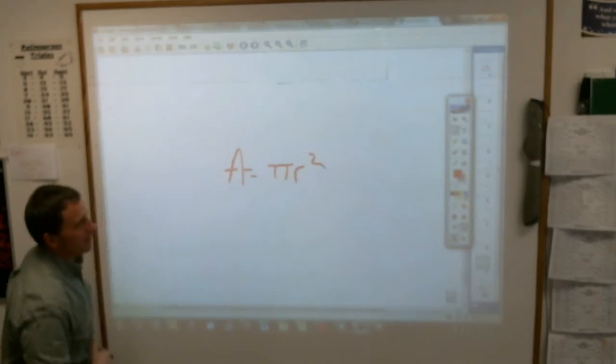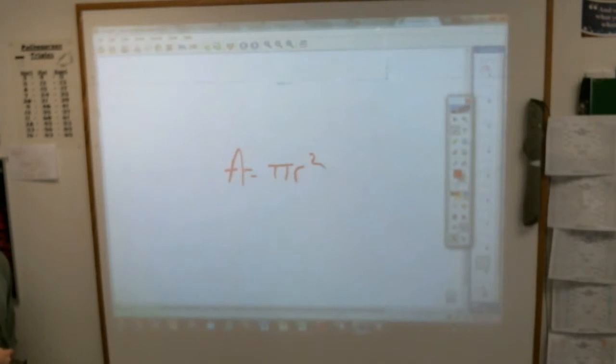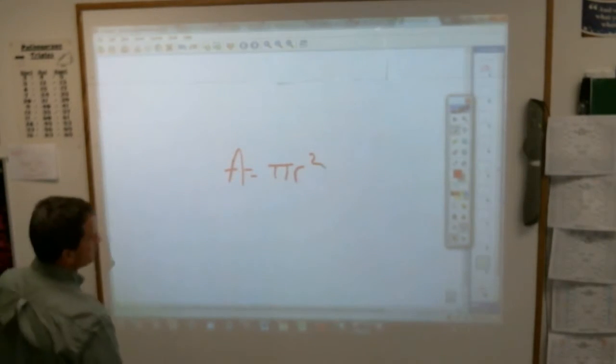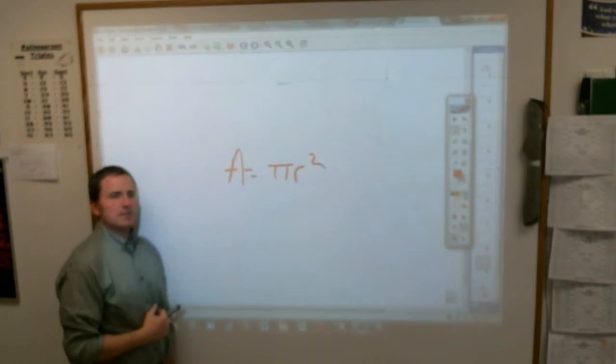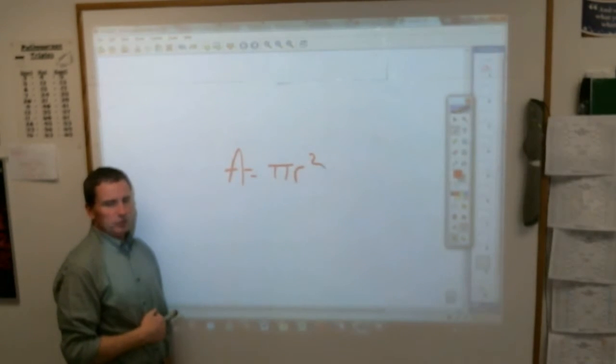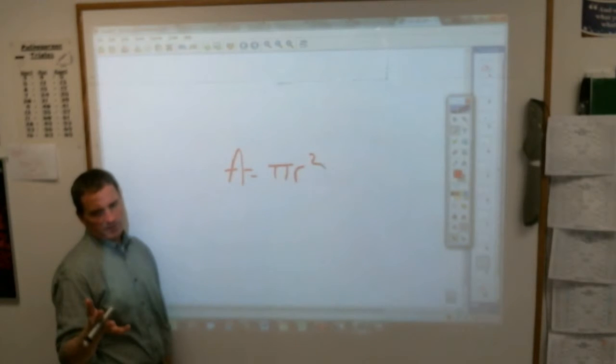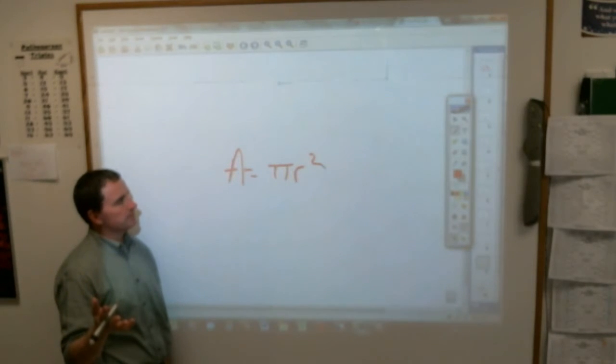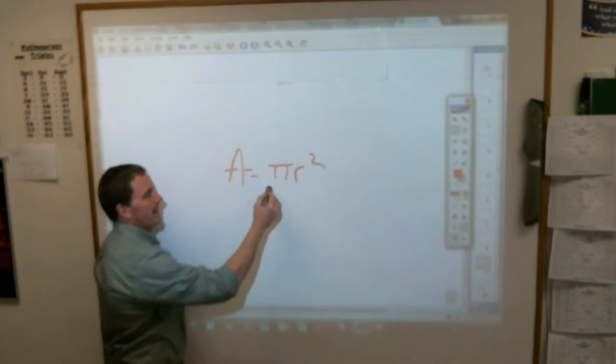What if I wanted to solve that for radius? Here comes an interesting one. Andrew Stufert, first thing I got to get rid of is? Nope. I want my r. I want to get rid of the pi. I'm solving for r. Divide by pi.